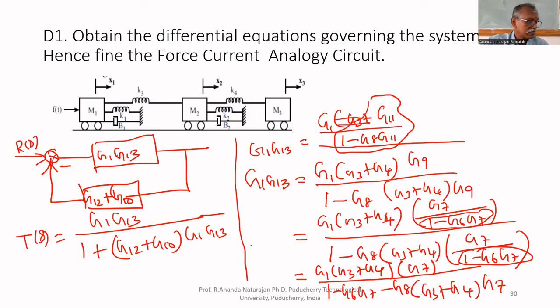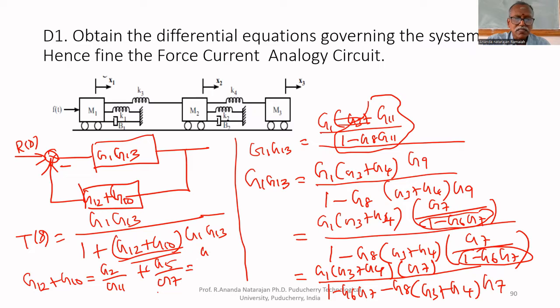The denominator part is G12 plus G10. That we have to find. G12 equal to G2 by G11. G2 by G11 plus G10, where G10 equal to G5 by G7. That is equal to G2 upon G3 plus G4 multiplied by G9, plus G5 by G7.